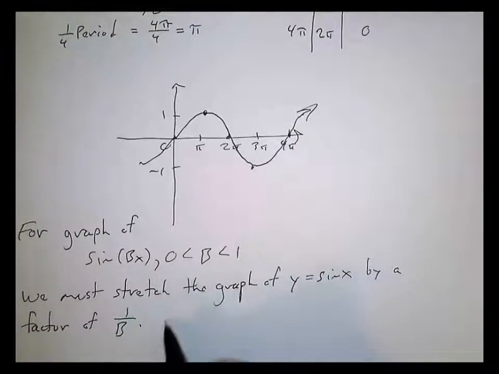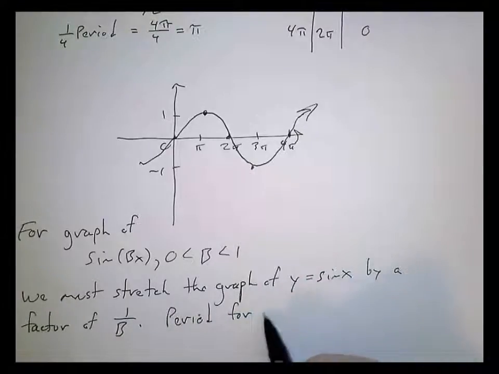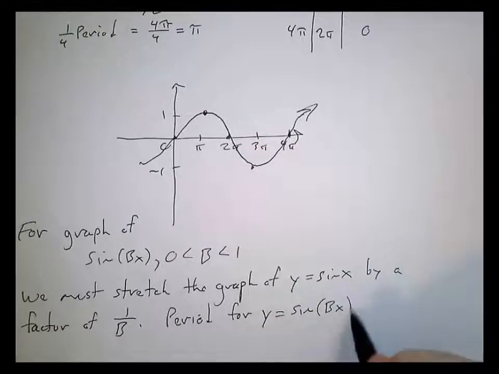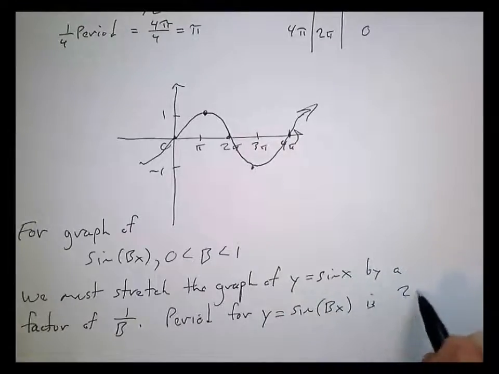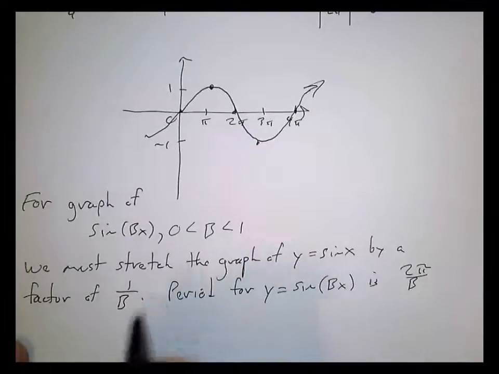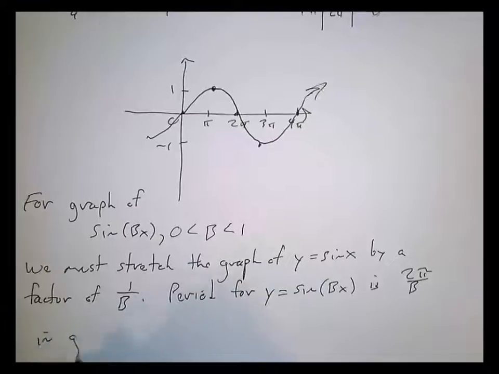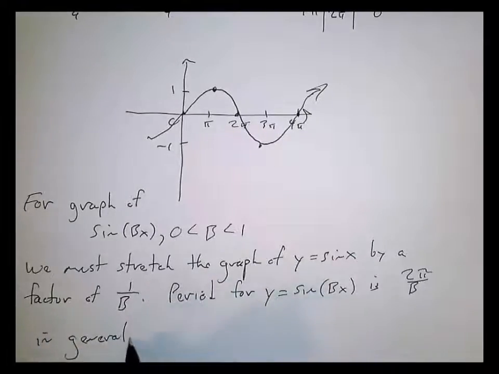So, in fact, our period here for y equals the sine of bx is what? It's 2 pi over b in general. So if I want a quarter of the period, it's going to be pi over 2b.